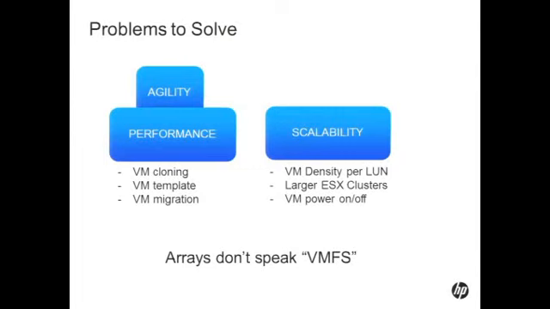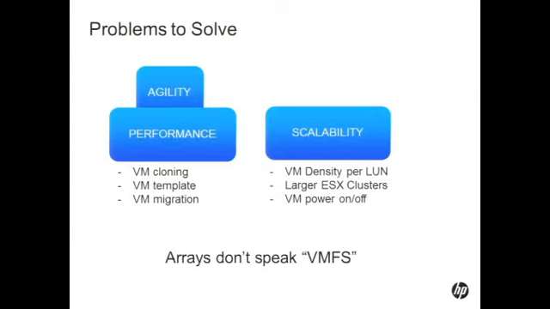VAAI basically provides these two key characteristics. If you listened to yesterday's keynote from Paul, the list that he gave of the changes in vSphere 5 are all changes to storage. Storage is so important to VMware and to virtualization because over 90% of the virtualization infrastructure, these millions of VMs, lives on storage.